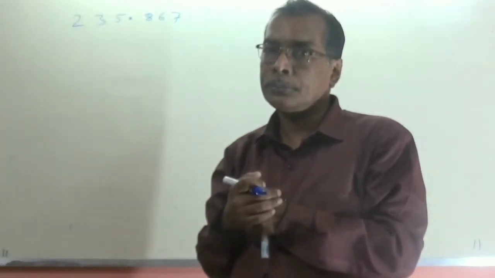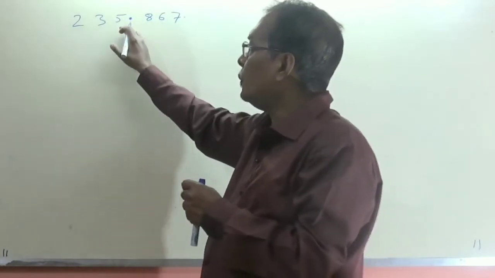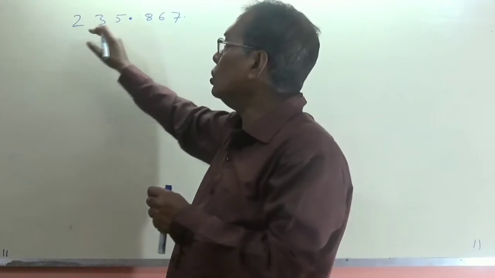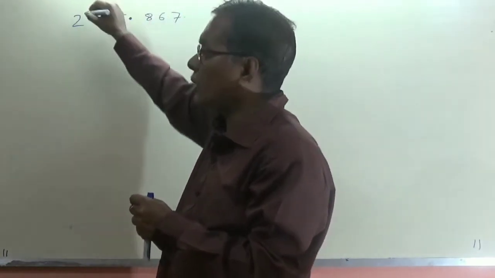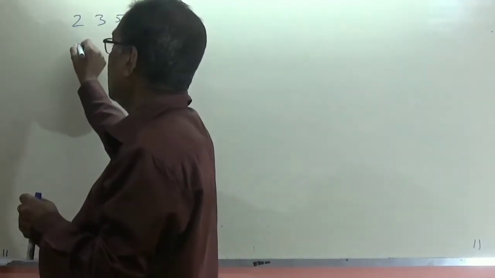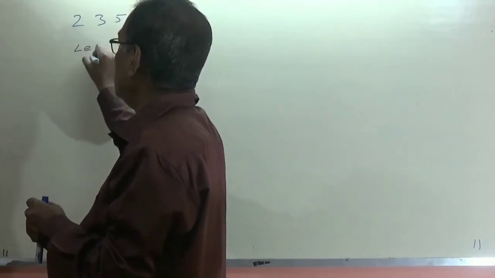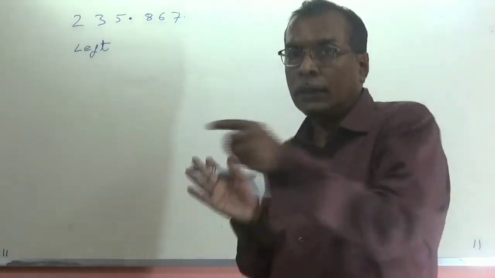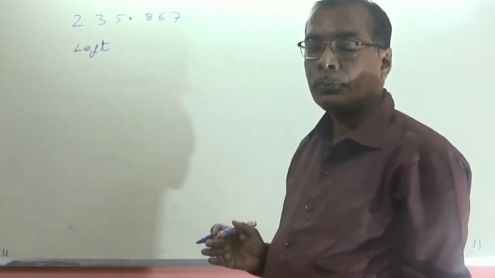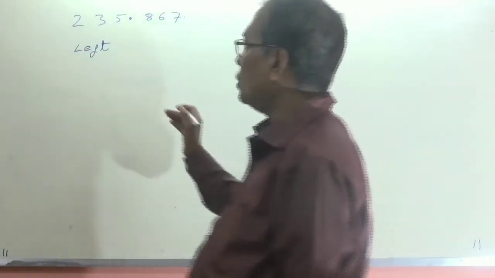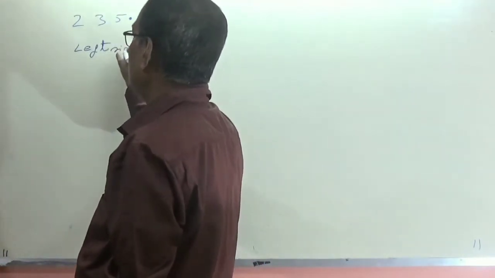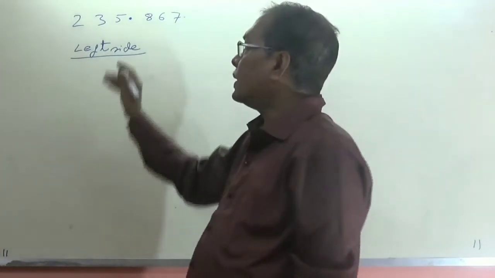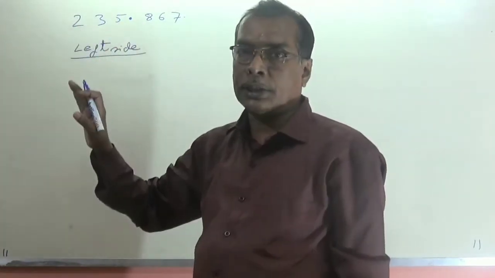Is it clear? Suppose we want to shift the decimal point to the left-hand side. How many digits do you want to jump to the left?